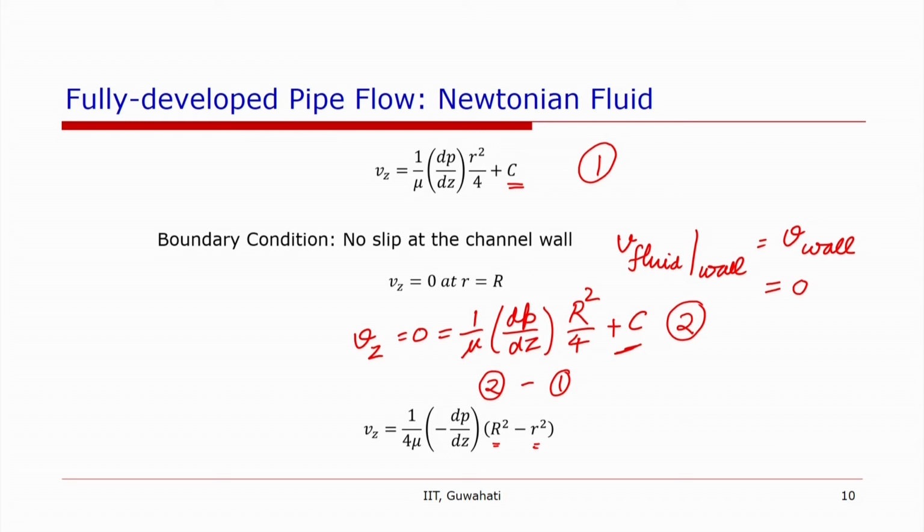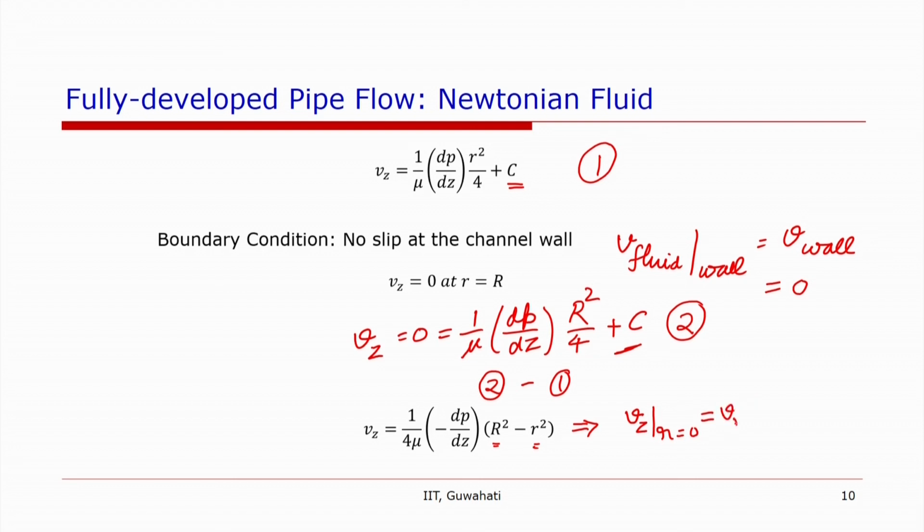So, what we have done here is obtain the velocity profile for the Newtonian fluid in a channel. Now, if I want to obtain this in terms of V maximum, I can say that Vz at r equal to 0 is V maximum.